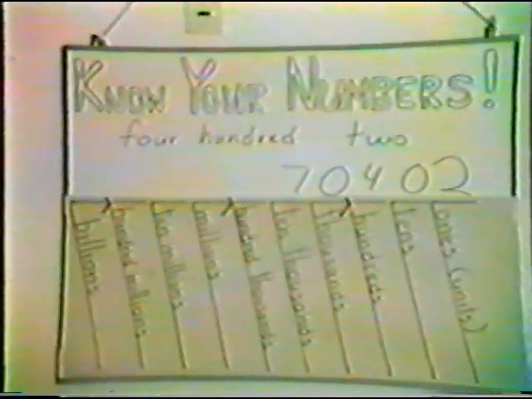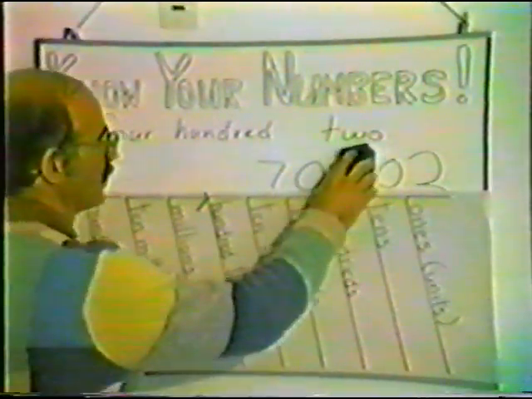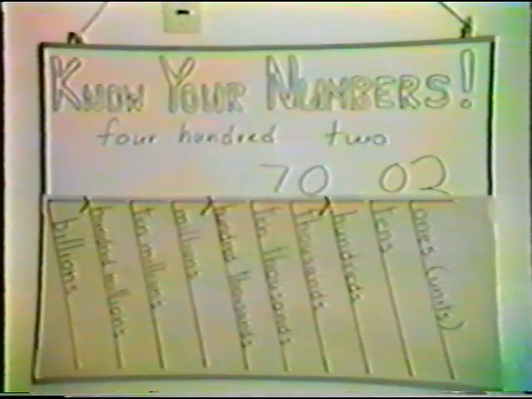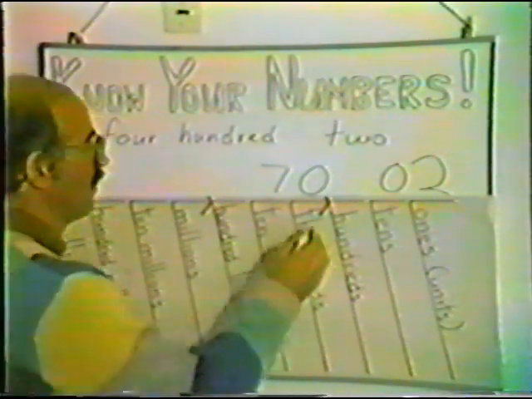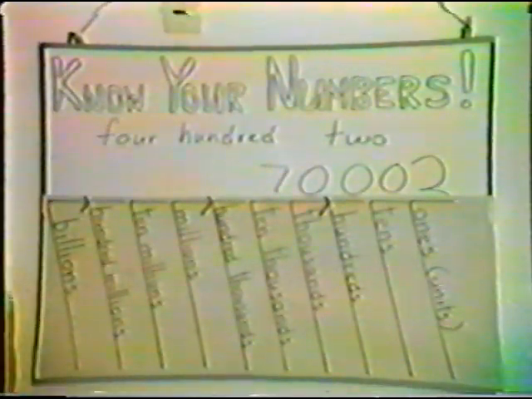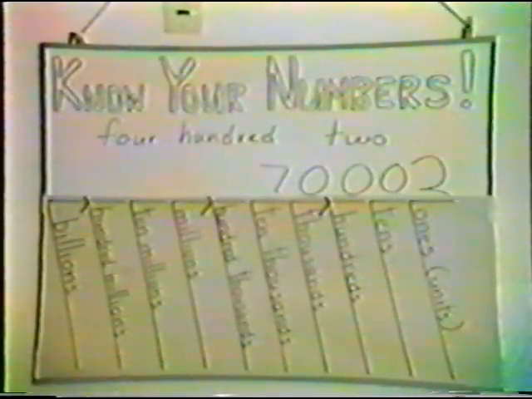Suppose I come along and I erase this 4. I have to fill that space with something, so I put in a 0. What is that number now? 70,002.